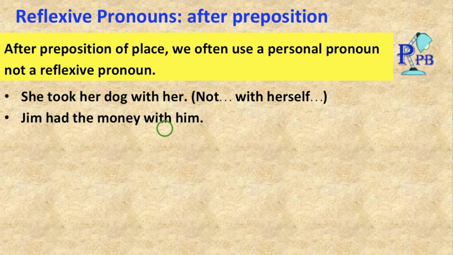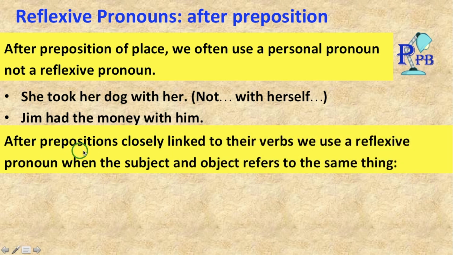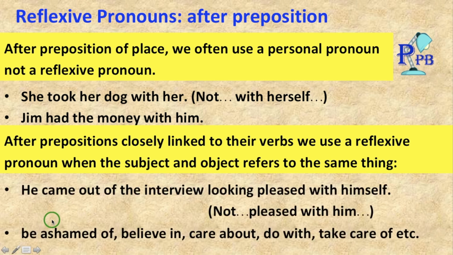After prepositions closely linked to their verbs, we use a reflexive pronoun when the subject and object refer to the same thing. Here, let's see the example. He came out of the interview looking pleased with himself.